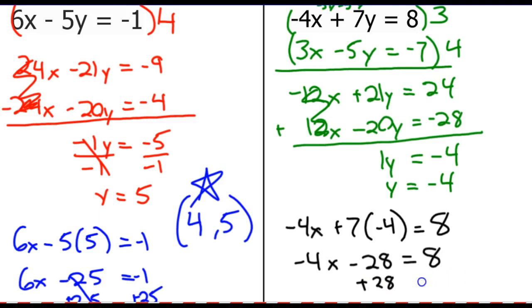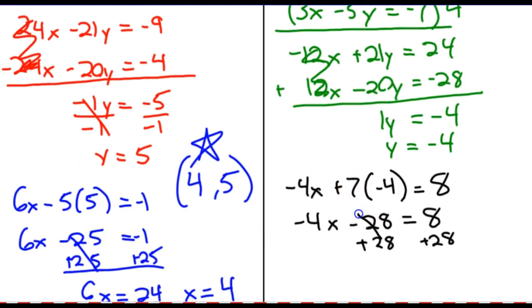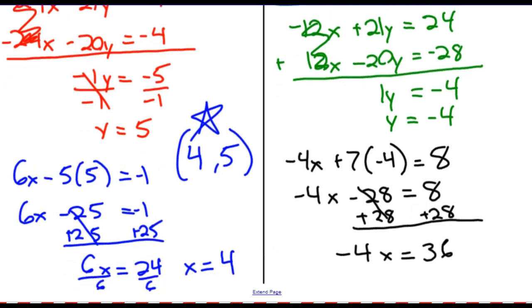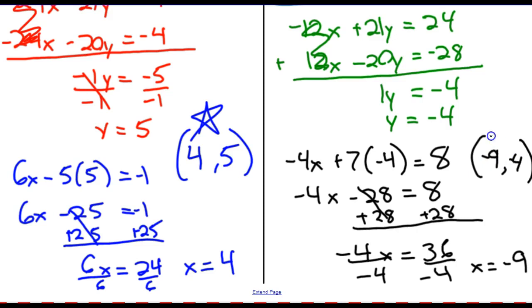If we add 28 here, we'll get negative 4x equals 36. Then dividing that by negative 4, our x equals a negative 9. So our solution then will be x equals negative 9 and y equals negative 4. So (negative 9, negative 4) is our solution.